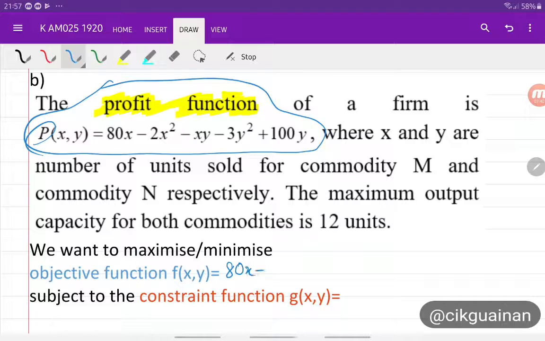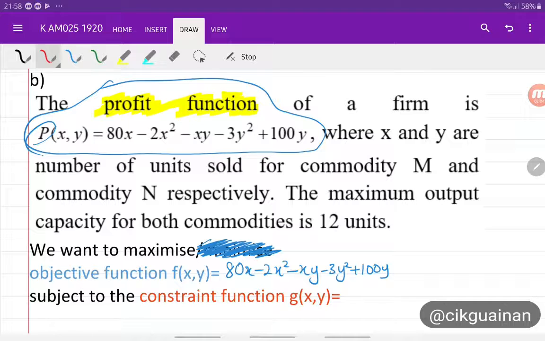So 80x minus 2x squared minus xy minus 3y squared plus 100y is our objective function. This is the profit, so clearly we want to maximize the objective function f(x,y).